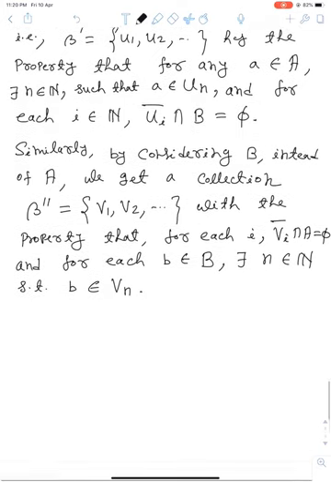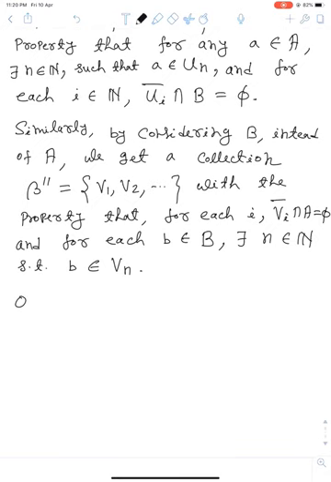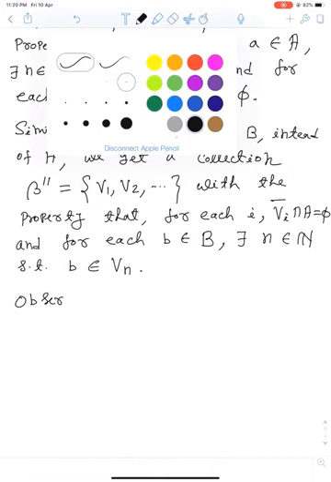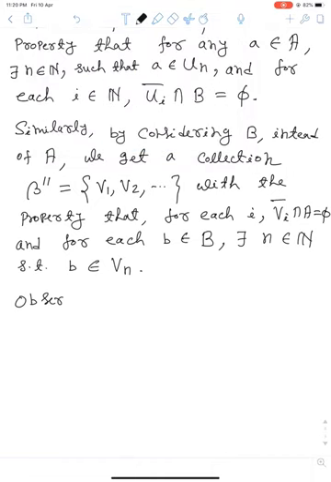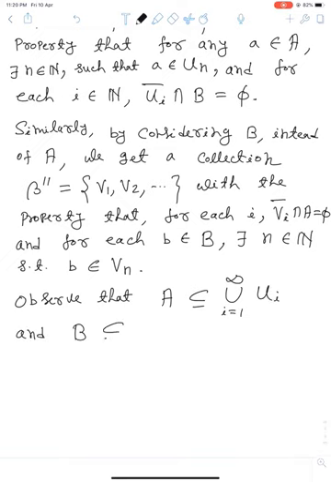Now observe that A is a subset of this union and B is a subset of the union of this one.